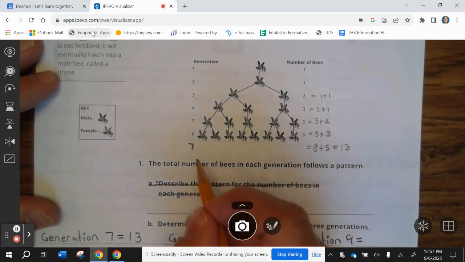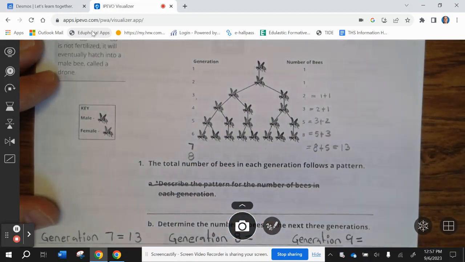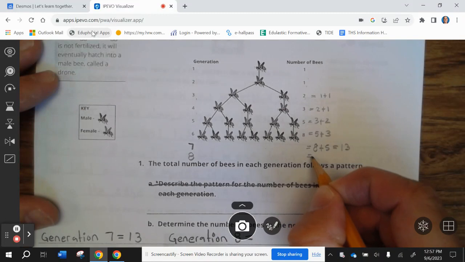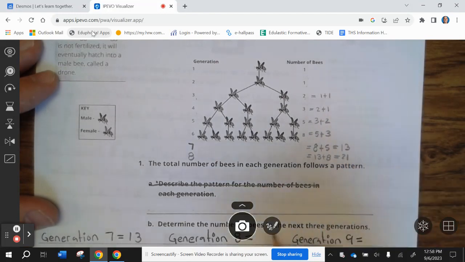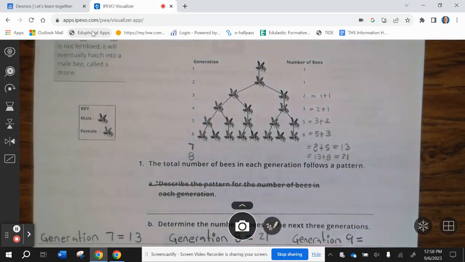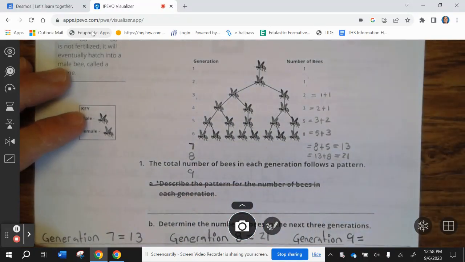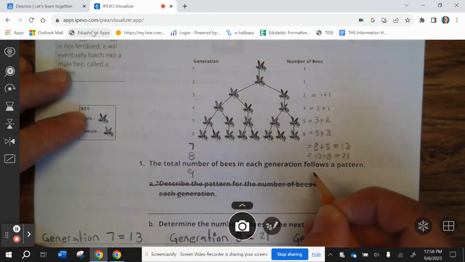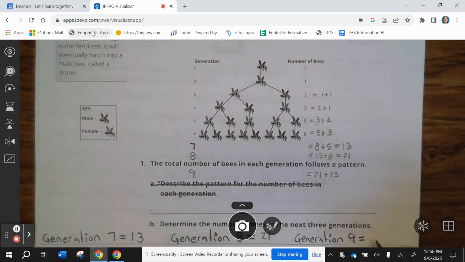So to get 8, that would be 13 plus 8, which is 21. And to get 9, that would be 21 plus 13, which is 34.